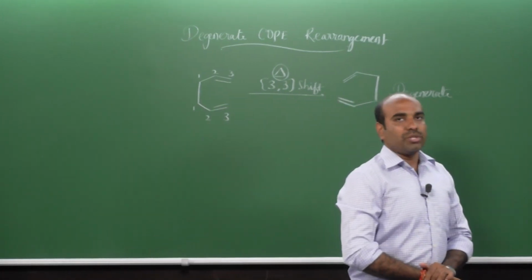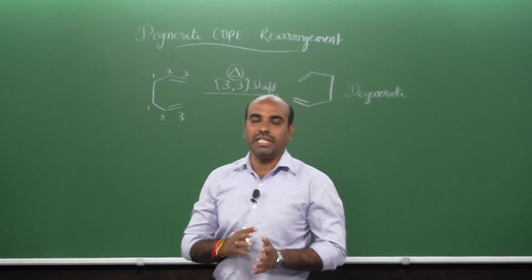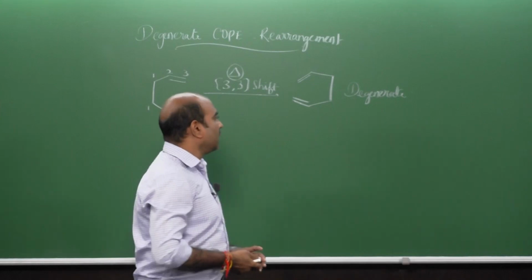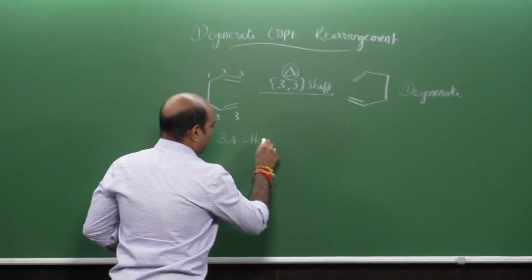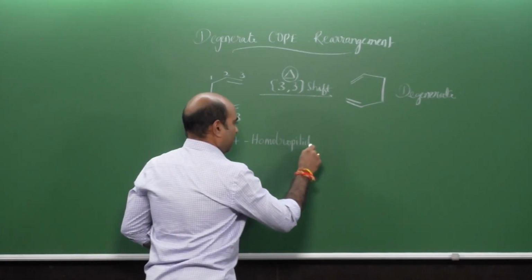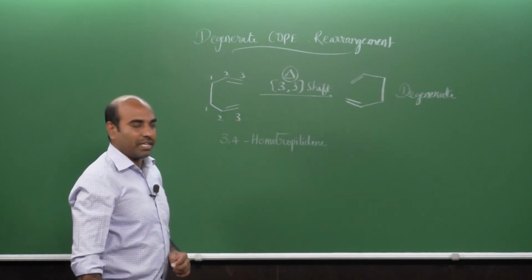Similarly, there is one more such molecule which absolutely shows the degenerate Cope rearrangement, that is 3,4-homotropylidine.